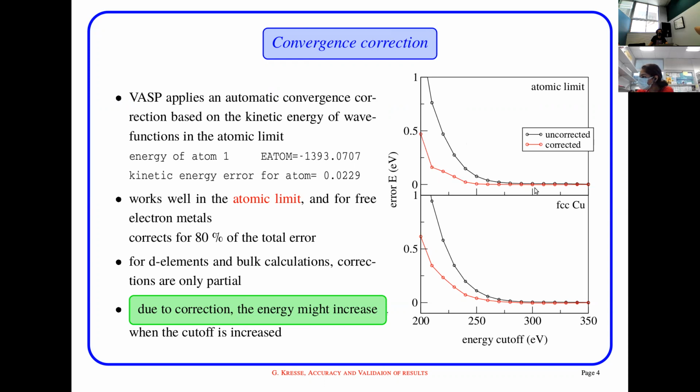This in red is the value of your errors given when VASP corrects. But the only important point to focus on in this graph is that after a certain value of the energy cutoff, your error goes to zero.